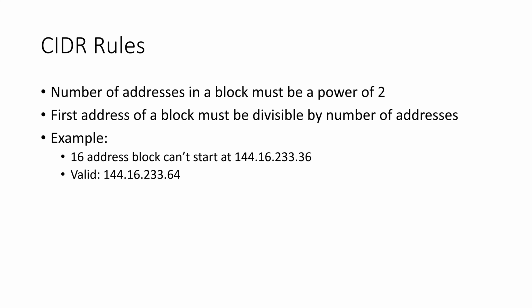For instance, a 16 address block cannot start with 144.16.233.36 because 36 isn't a multiple of 16. It could start with .64 because 64 divided by 16 equals 4. That's a clean multiple. And these rules keep IP address assignment orderly and simple.